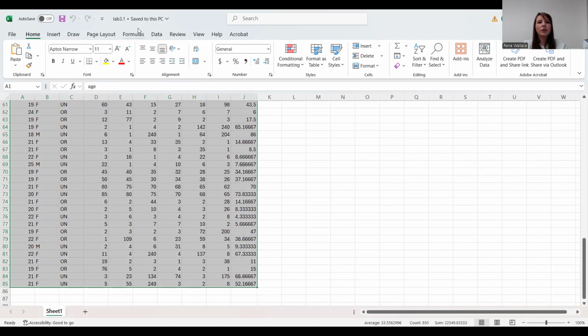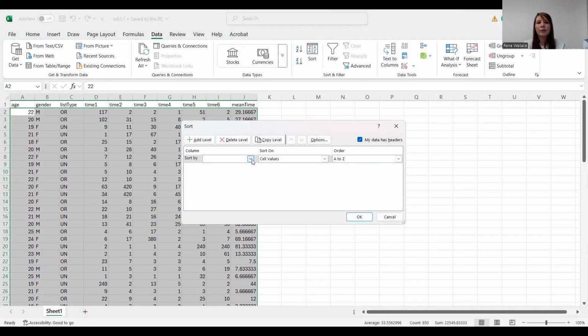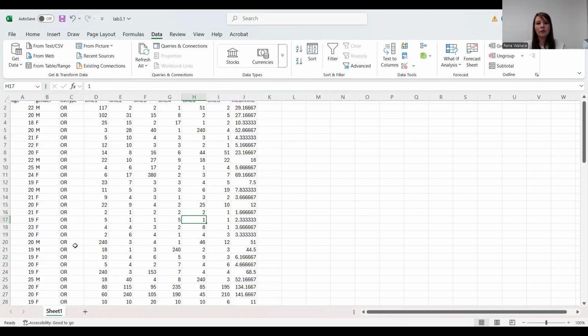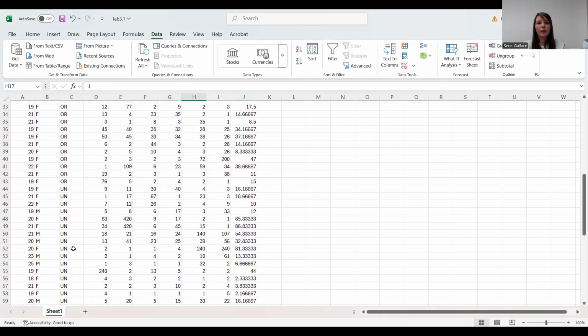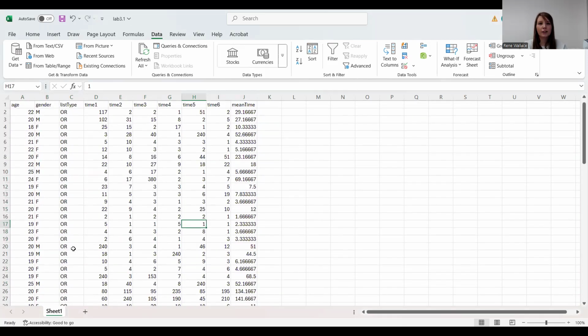And then I'm going to go to Data, Sort, and I'm going to sort by list type because that's this category right here. And it's A to Z, so it'll just put them alphabetically together. And now you can see all of my organized rows are together and all of my unrelated rows are together. So make sure you do that first so that the data is the way we need it for what we're doing next.